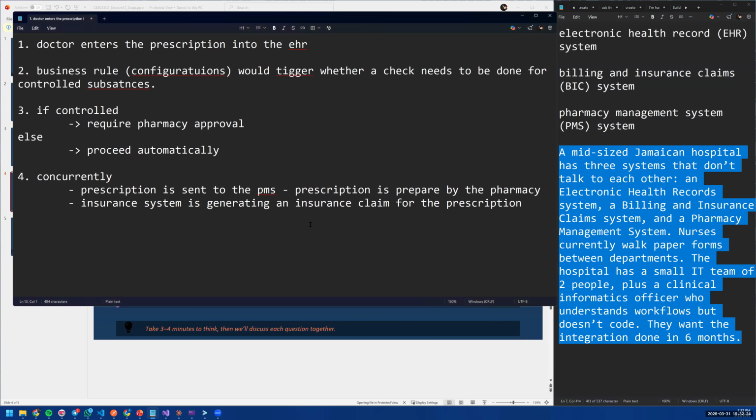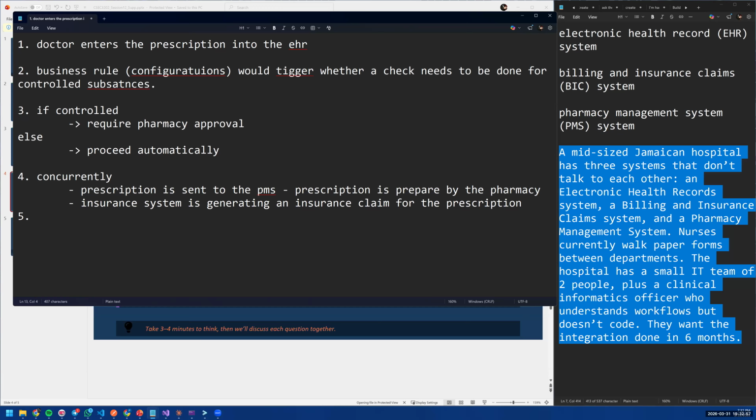Yes, sir. Okay. And then while that is happening concurrently, if the insurance is expired or you're not covered, they need to flag for manual review. At what point would that happen? Would you generate the insurance claim first? Yeah, I guess.